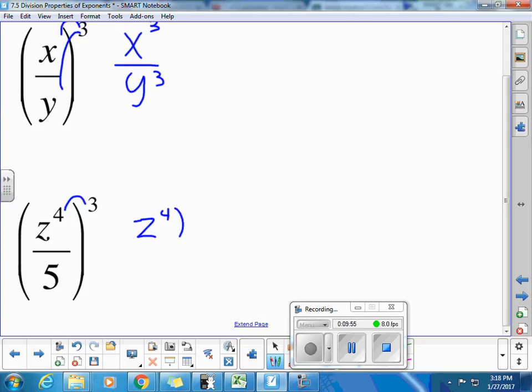That's z to the 4th raised to the third power over 5 to the third, which equals, remember when we have a power raised to a power, it's a multiplication. So it's z to the 4 times 3, which is 12, over 5 to the third, which is 5 times 5 times 5, or 125.